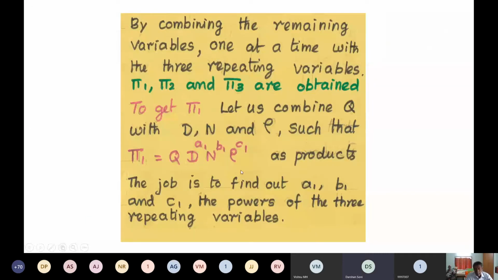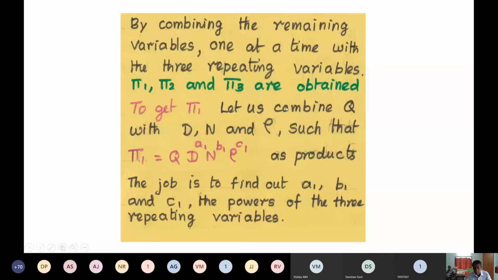Okay, now we find that we have to select 3 repeating variables based on the condition that at least one should be geometric, one kinematic, and one dynamic, and we have selected. Now, to get the non-dimensional numbers, we combine the remaining variables one at a time with these 3 repeating variables, and we can get our pi terms pi 1, pi 2, and pi 3 respectively.